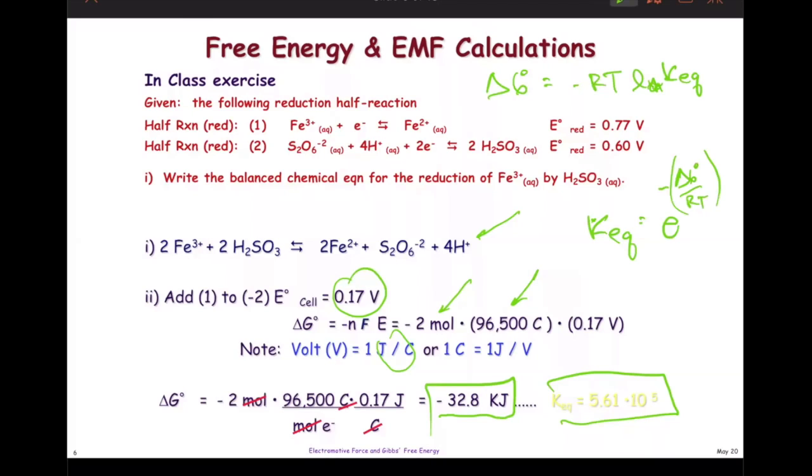Remember that you got to put up here 32,800 joules, because your R is in joules. So if you do that, 32,800 divided by 8.314 divided by 298, and you take the negative of that and do the exponent, you should get somewhere in the order of 5.61 times 10 to the fifth.